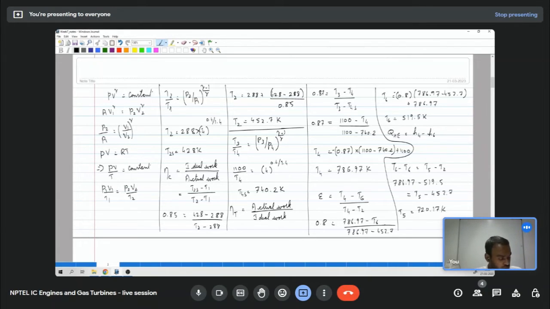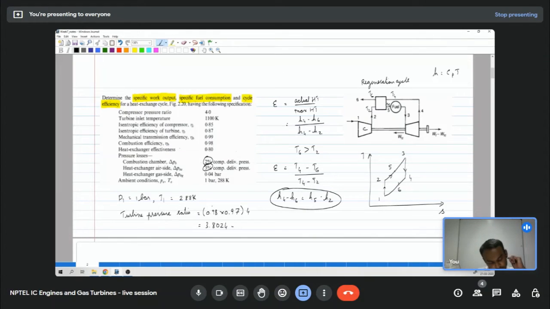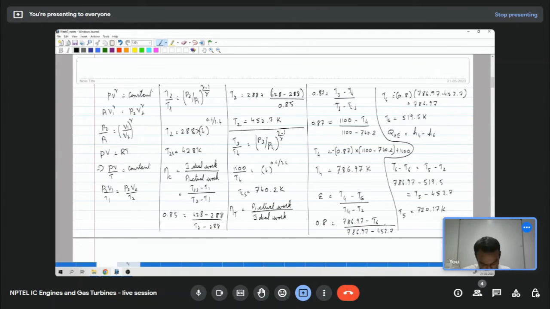So now we know how much heat has come from the heat exchanger and how much has come from the fuel. So with this we can calculate the specific fuel consumption. Now, specific work output is asked for.